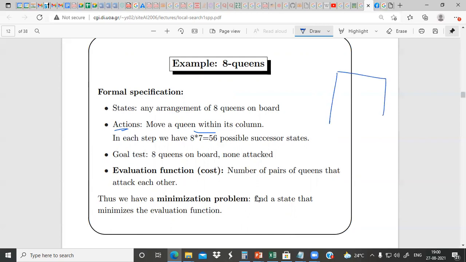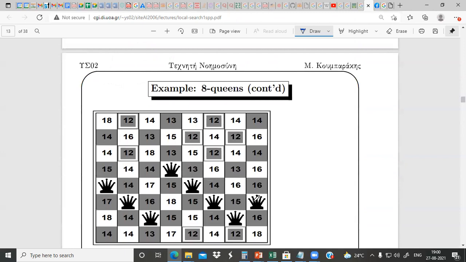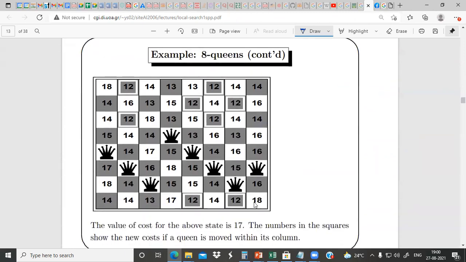For example, say there is a queen here. It can move anywhere within this column, but it cannot move in the row or the diagonal. Similarly, this queen can move anywhere within its column but not diagonally.